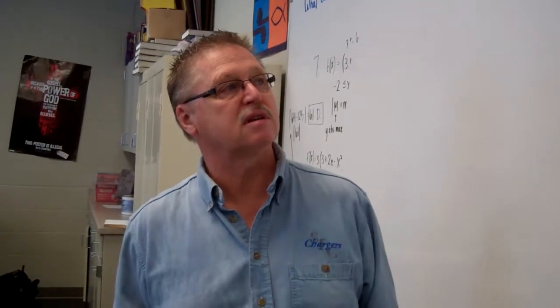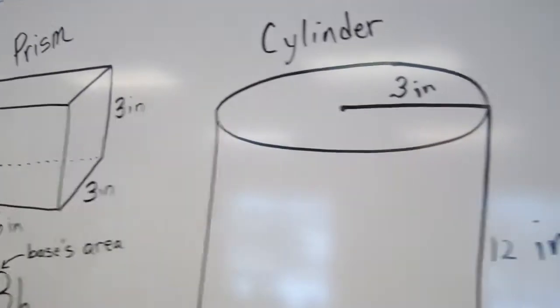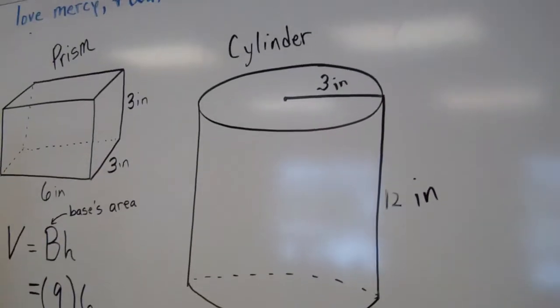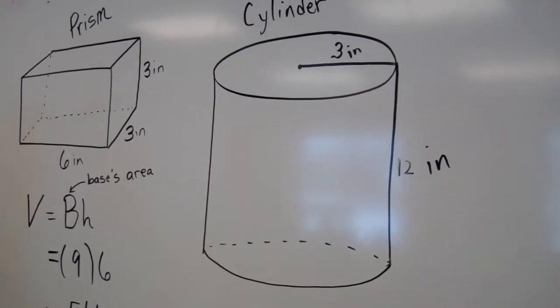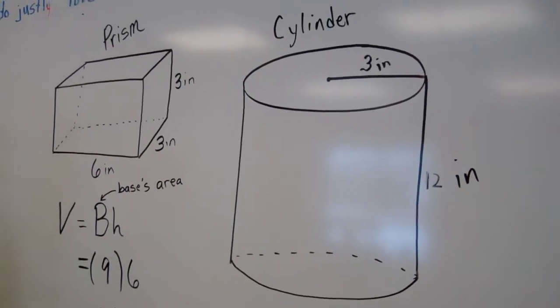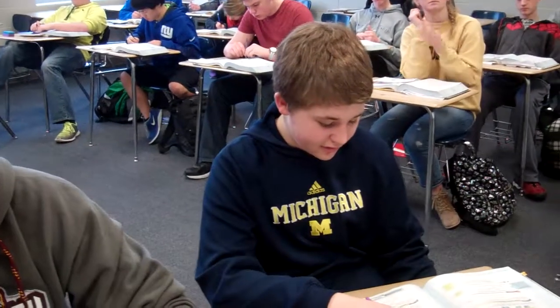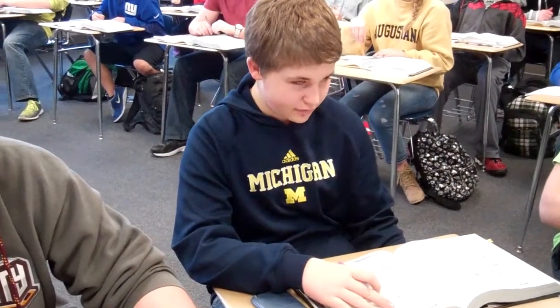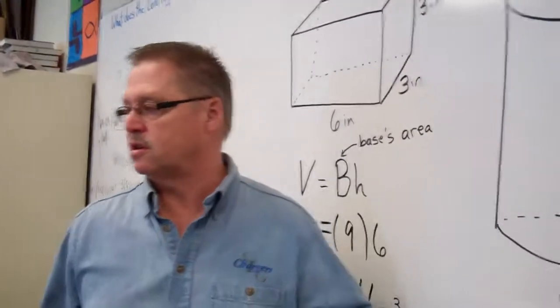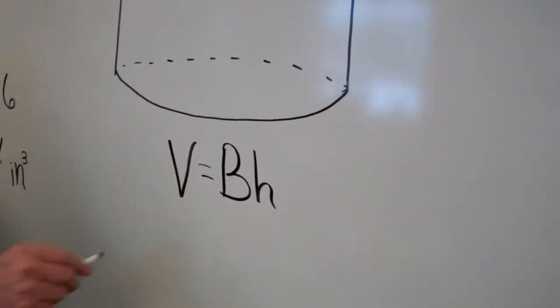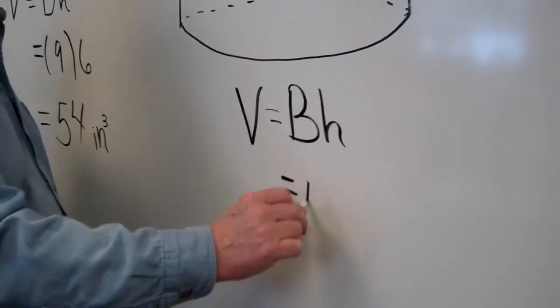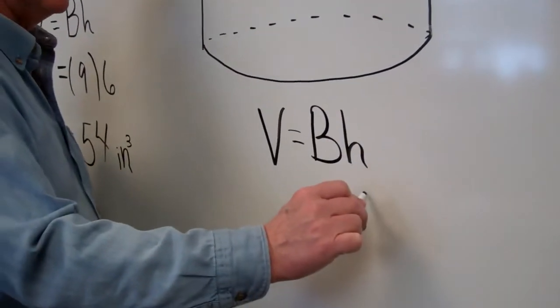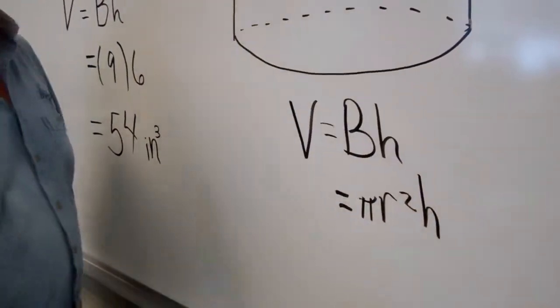Tell me what this next, well, it says right on it there, Isaac. It's a cylinder. Can you find somewhere, Isaac, in this chapter a formula for the volume of a cylinder? Volume equals base times height, or volume equals pi times radius squared times height. So you're saying this still works, but that's the same as that?